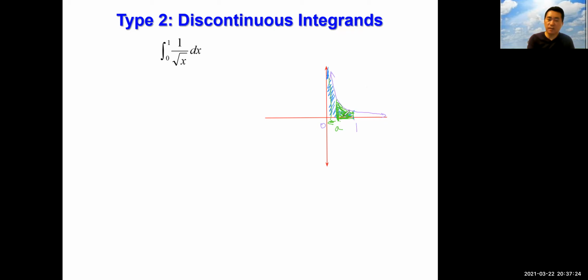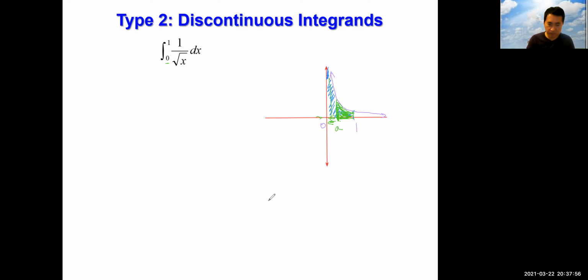So you can see we have two steps. Step 1, replace the lower limit, in this case, with an arbitrary constant a and do it normally as a proper integral. Then you take the limit as a approaches 0. In this particular case it's a one-sided limit, since a only approaches 0 from the right, so we will be dealing with right-hand limits.